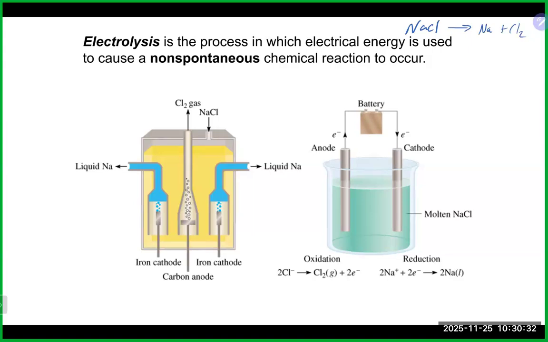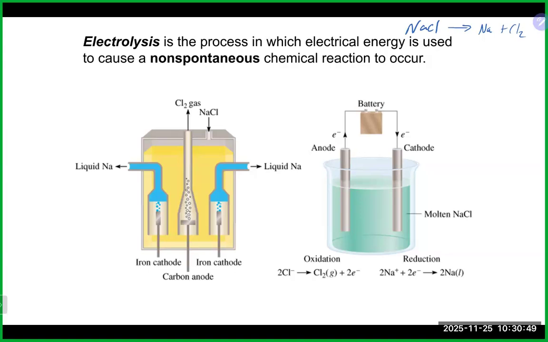It's not going to spontaneously turn into sodium metal and chlorine gas. But if you apply an external source like a battery, you could force this non-spontaneous process to occur.